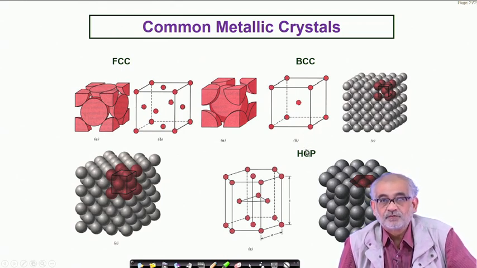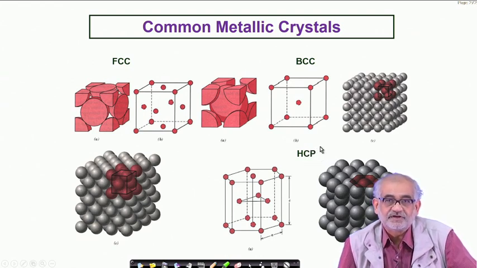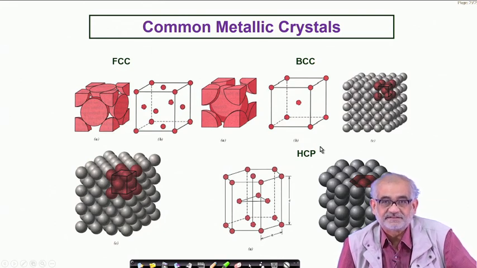But here is a little distinction that we need to understand. When we talked about the 14 Bravais lattices, we did see hexagonal, but there was no mention of hexagonal close packed. And this is exactly what explains the difference between Bravais lattices or crystal lattices and crystal structure. Hexagonal close packed is a crystal structure which is possible due to a particular way of packing or stacking of atoms.